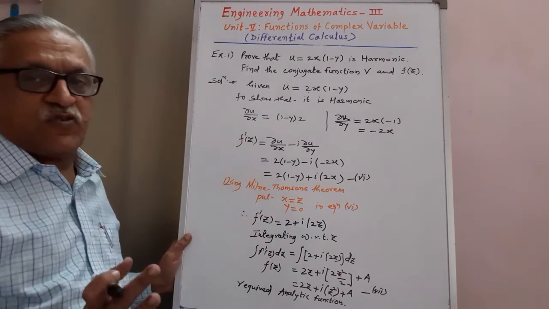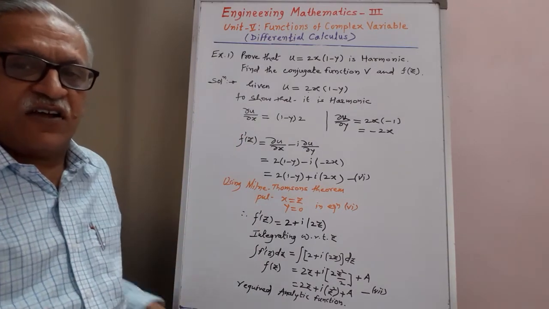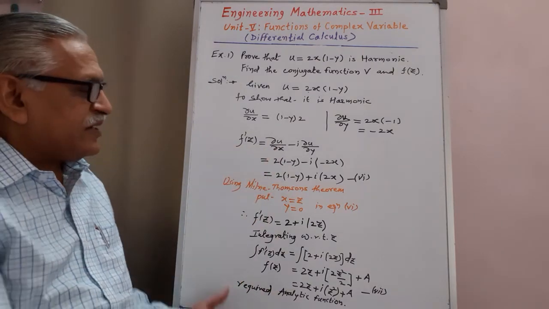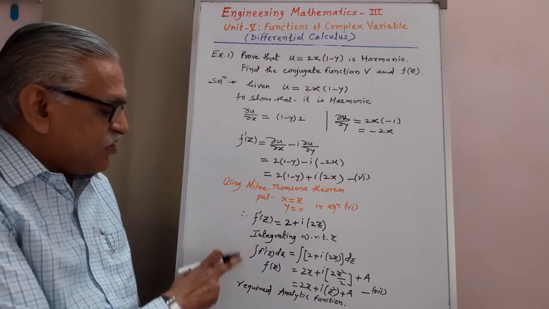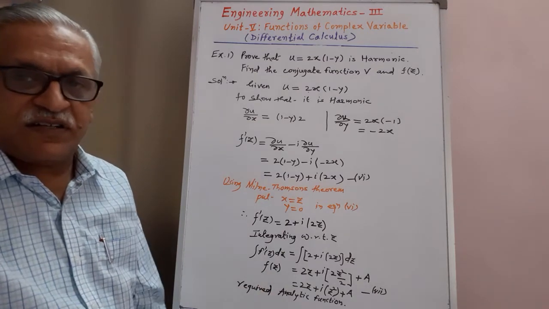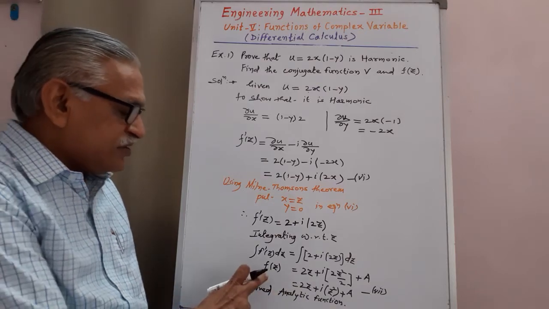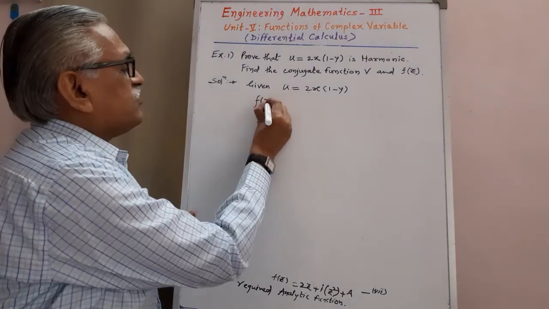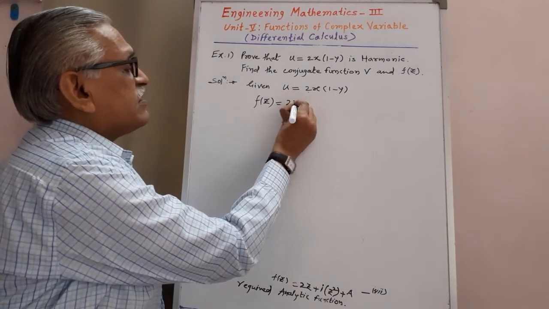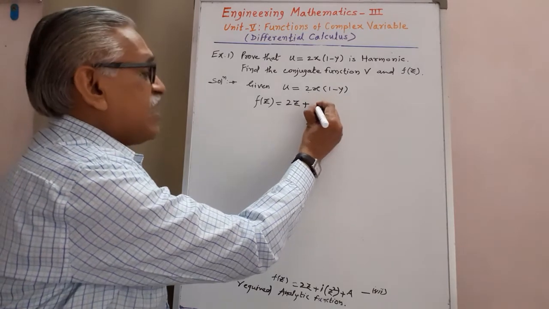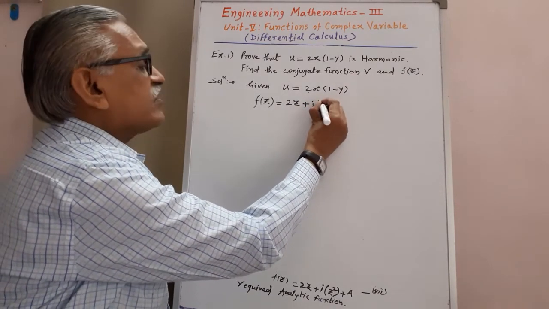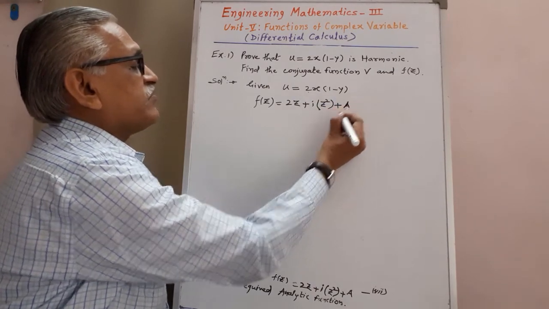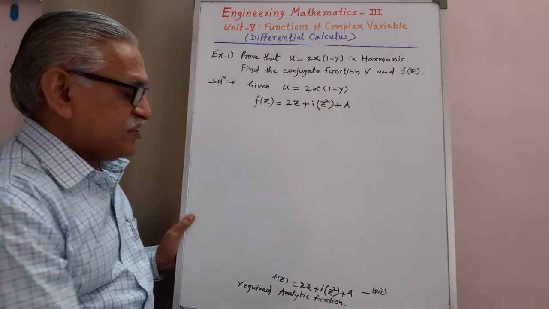I have completed the first two parts. First, I have shown that the given function u is harmonic, and in the second part I have obtained the required f(z). In the third part, using this f(z), we try to find the conjugate function v. f(z) equals 2z plus i times z squared plus that constant A, equation number 7.